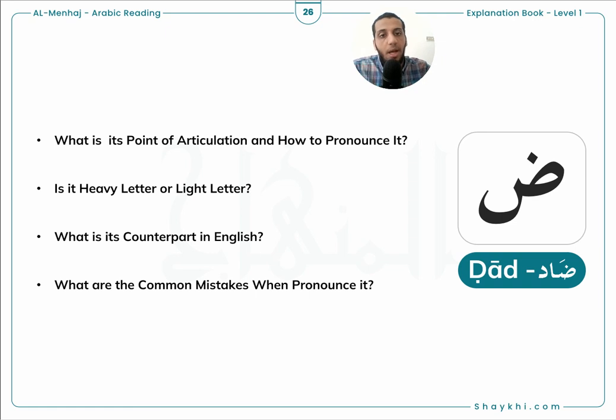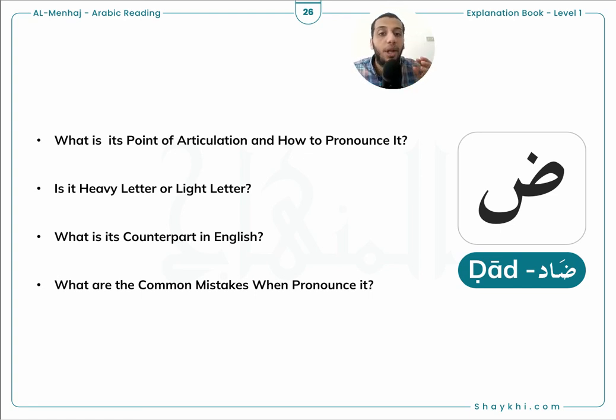So you might hear some people, especially in Surah Al-Fatiha in the last ayah, when they say ولا ضالين, make their lips like a circle, or round their lips. And this is one of the common mistakes when pronouncing any heavy letter, which is making the lips a circle or rounding the lips.